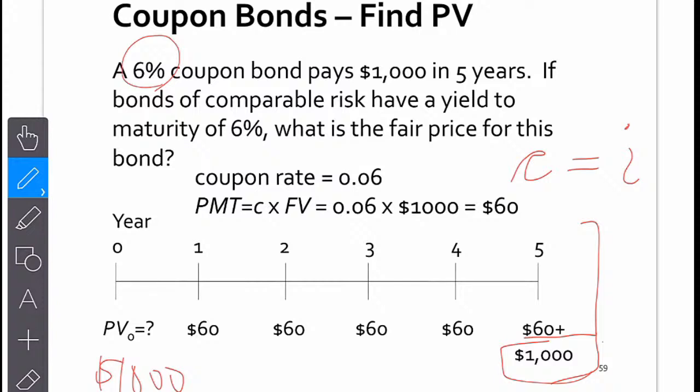If you don't get your yield or your interest through the coupon, the price is going to be different. So if you get more than the interest through your coupon, you should pay more for that. If you get less than the interest in your coupons, you should pay less for that. And that's what we're going to talk about next.